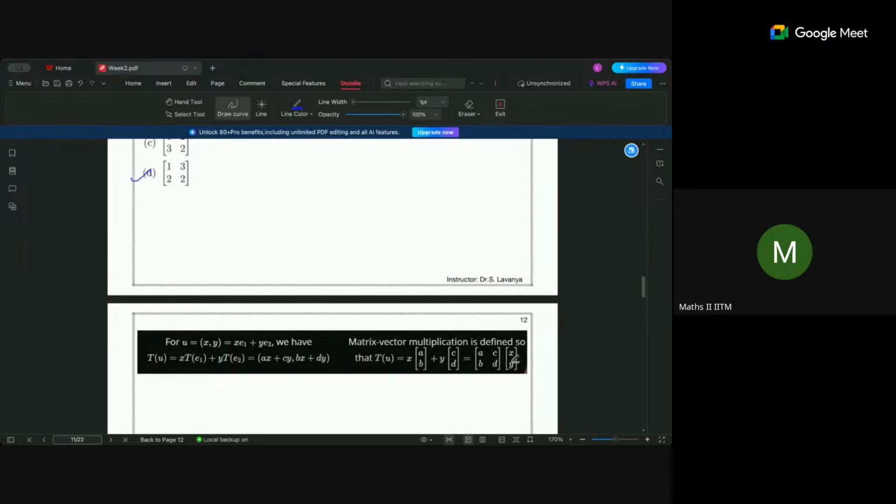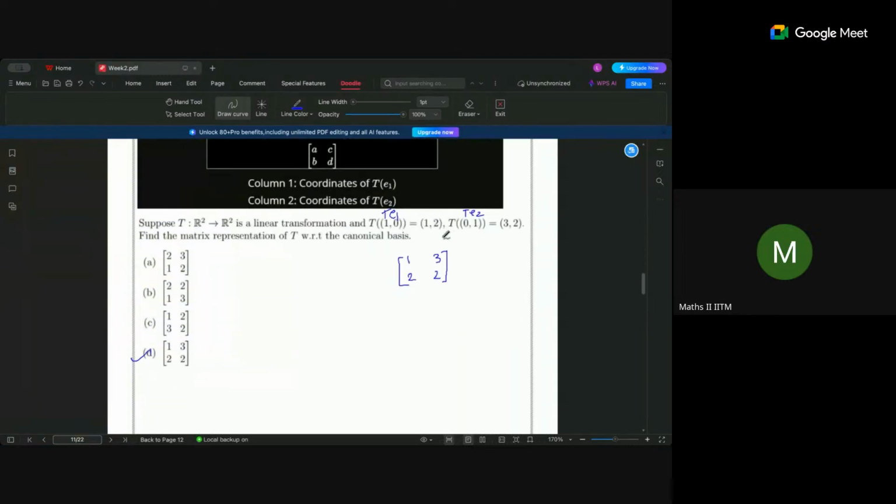Okay, so for example, here you have this transformation. Our previous technique tells that T of x comma y is x times TE1 plus y times TE2. So it is x times of 1 comma 2 plus y times of 3 comma 2. So the answer is x plus 3y comma 2x plus 2y.